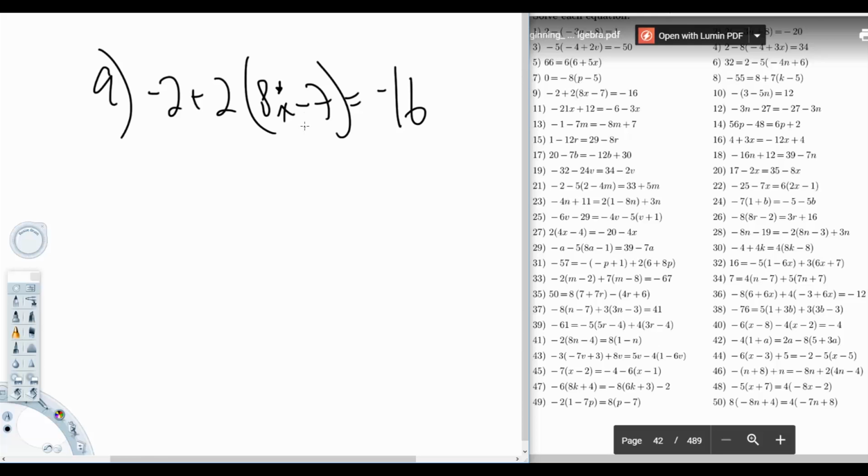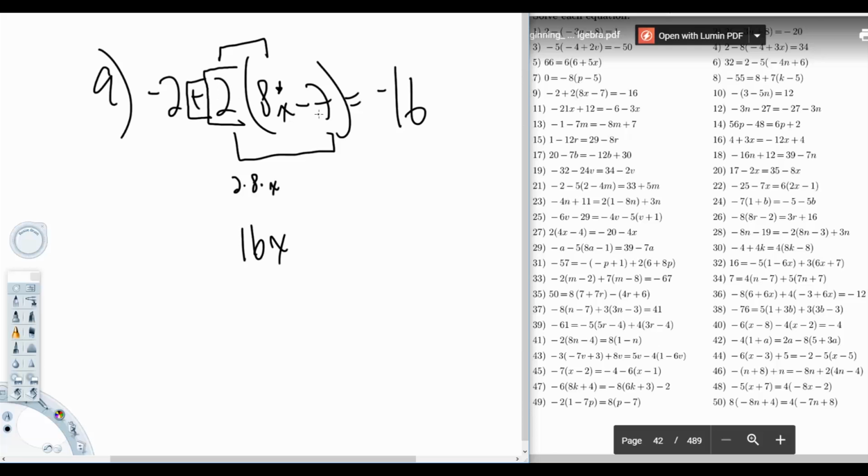So let's do this. We use the distributive property, or multiplying, right? So this 2 here, or if you want this positive 2 here, is positive 2 times 8x. So that's really 2 times 8 times x, right? That's 16x.